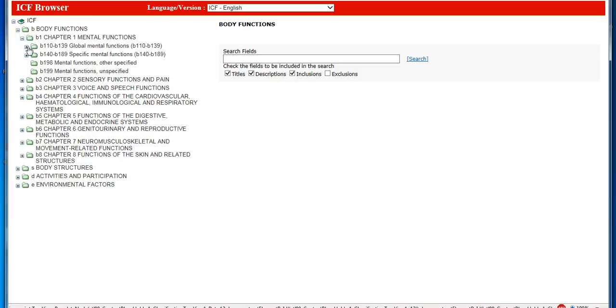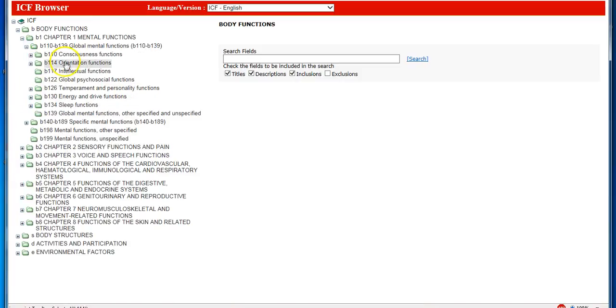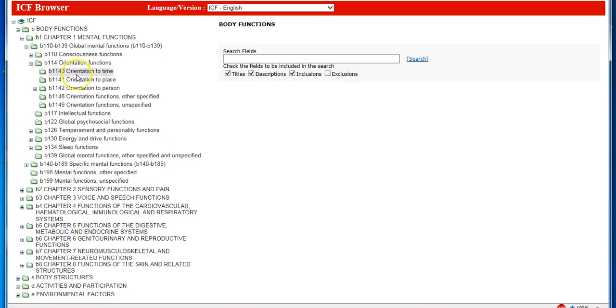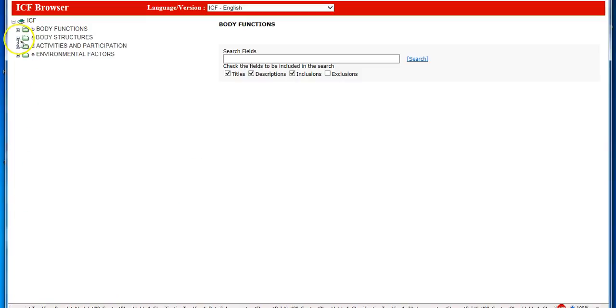So for example, if we look at our recent discussions in lab about orientation functions, you can see that when someone is disoriented to time, place, or person, that is a mental function that is classified under a body functions category within the ICF. So orientation is the impairment. It maps directly to mental functions and therefore body functions. So that's an example of how you might use the tool to check your reasoning process.